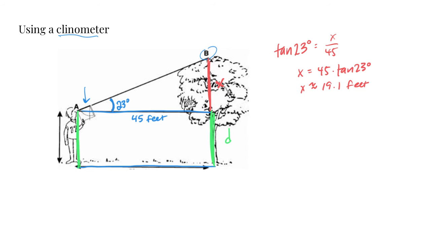So we can just label that as D. And when I want to actually figure out the tree's height, I need to calculate x plus that distance to the boy's eye. That's the full height. We have x above, the boy needs to measure the distance to his eye and add that together. But we've got two pieces that we need to bring together in this particular case.